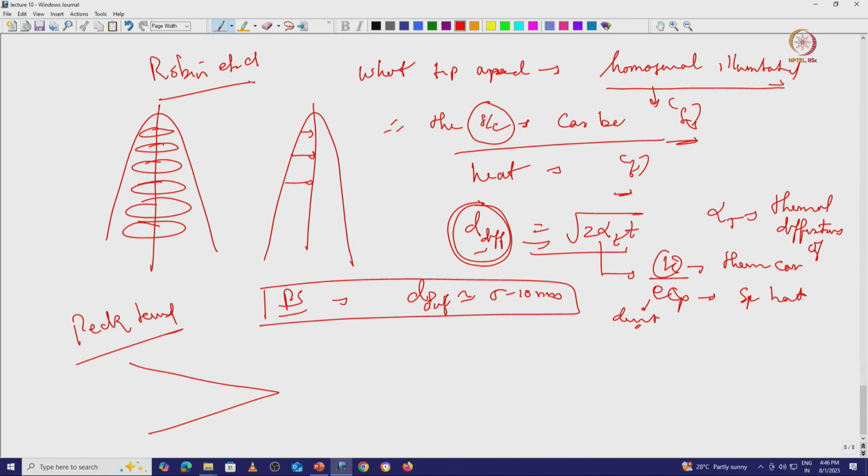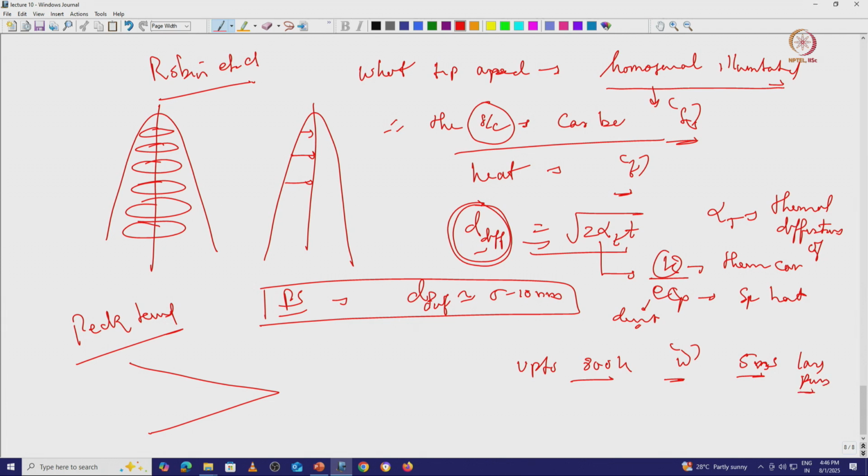But what is the peak temperature that the tip surface can get? Usually it is measured or estimated experimentally that this can go up to 800 Kelvin for tungsten, which is shown by a 5 nanosecond laser pulse.